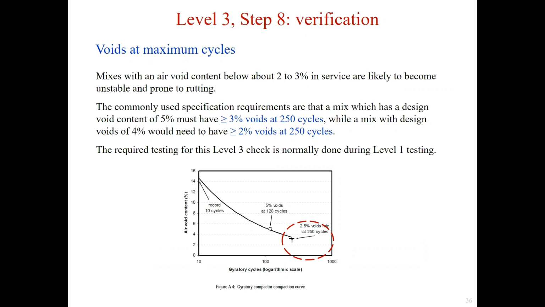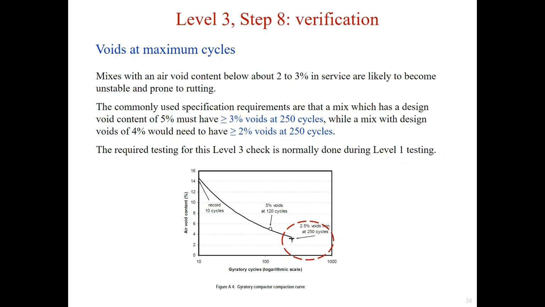This is because the binder almost totally fills the void spaces and reduces aggregate particle interlock and friction. The specification requires that a mix which has a design air void content of 5% must have greater than or equal to 3% voids at 250 cycles.